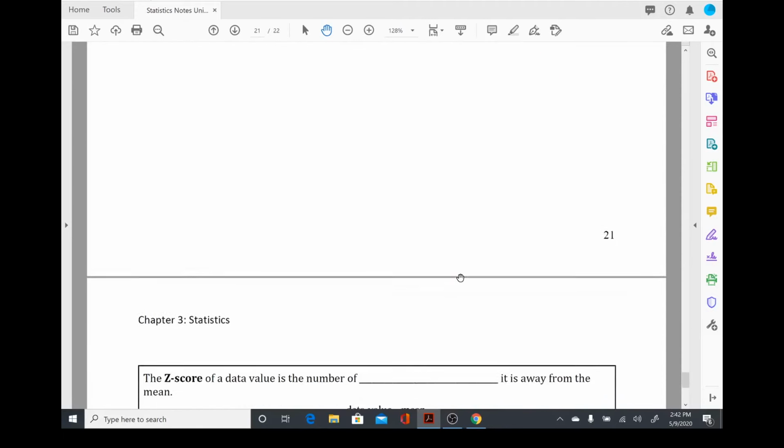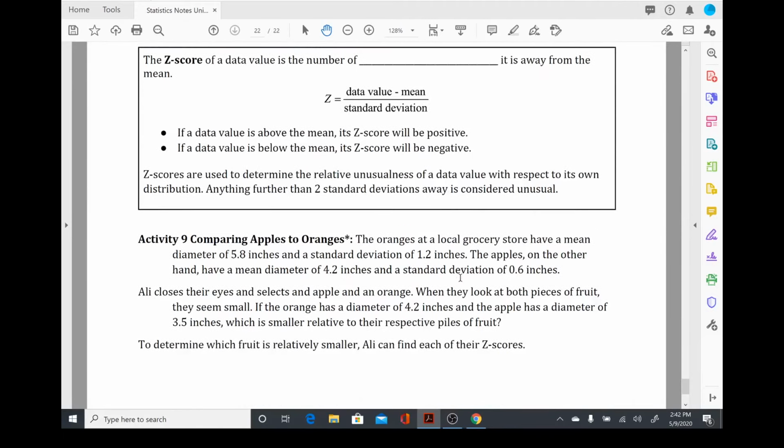So consider that. The last thing that we're going to discuss in this class will be z-score. The z-score of a data value is the number of standard deviations it is away from the mean. What you'll do here is take the data value, figure out how far that data value is away from the mean, and simply subtract those two and divide by the standard deviation.